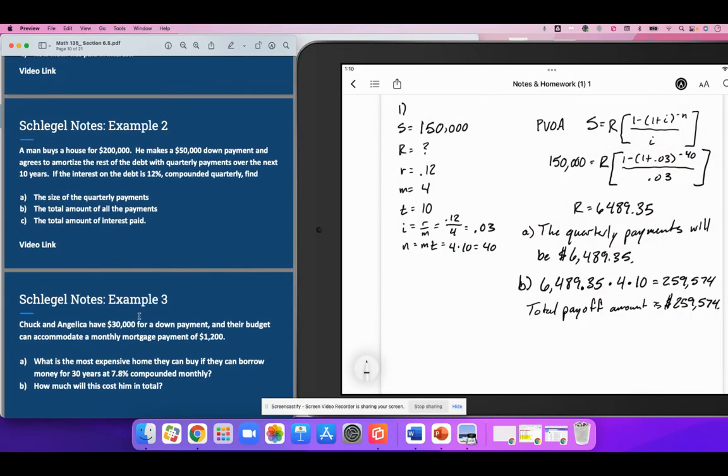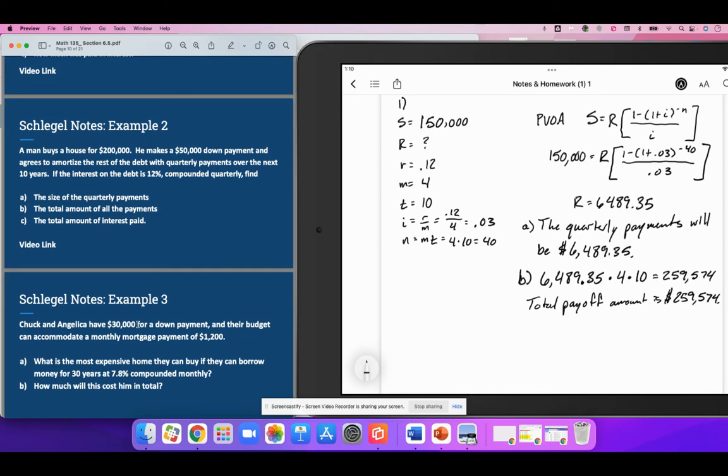And then the last piece, how much did he pay in interest? And so remember, he didn't buy this house for $200,000. He had a $50,000 down payment. So he only took a loan for $150,000. So we're going to have $259,574 minus $150,000.